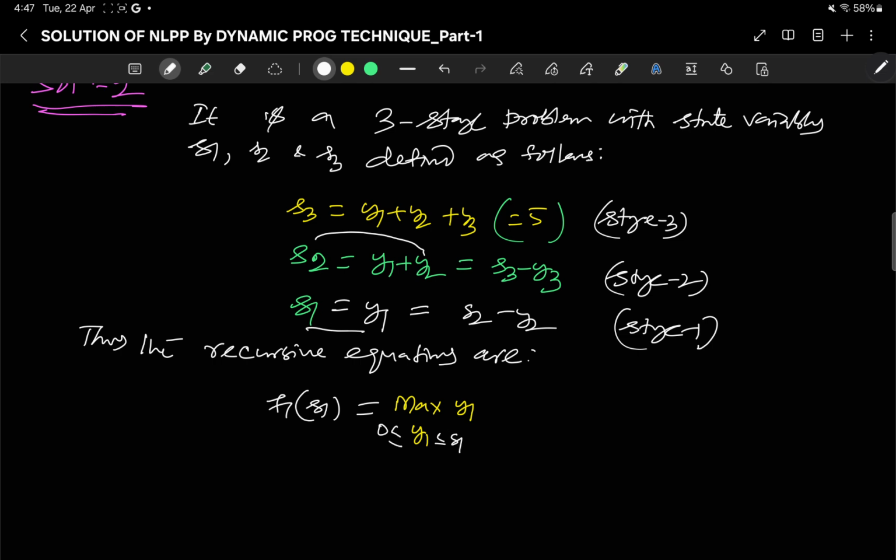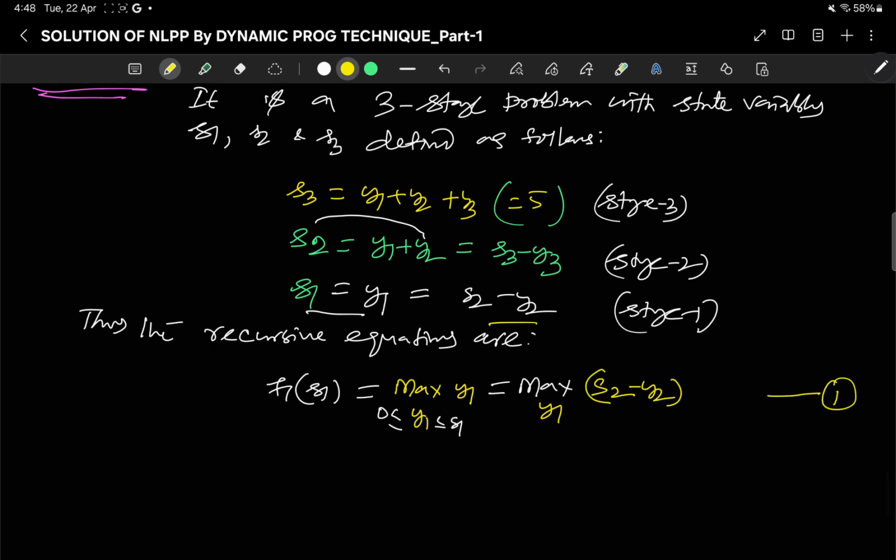So I can write it as maximization over y1, and this y1 is S2 minus y2. Let it be my equation 1.